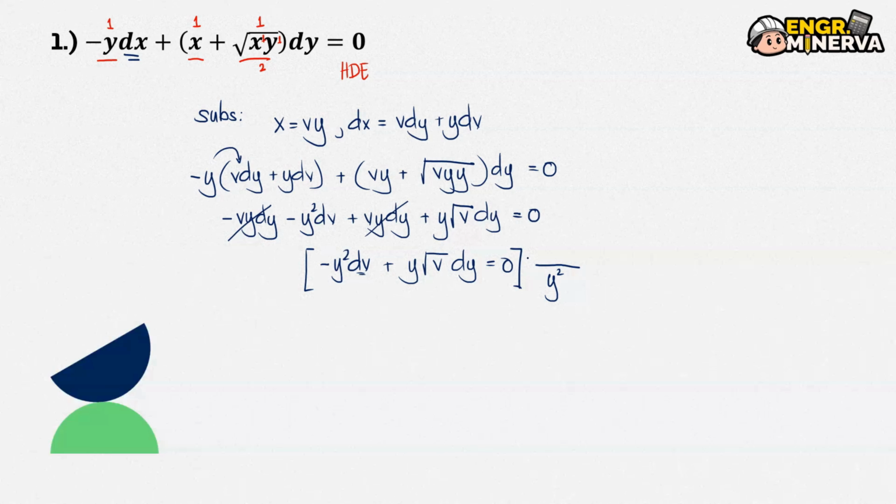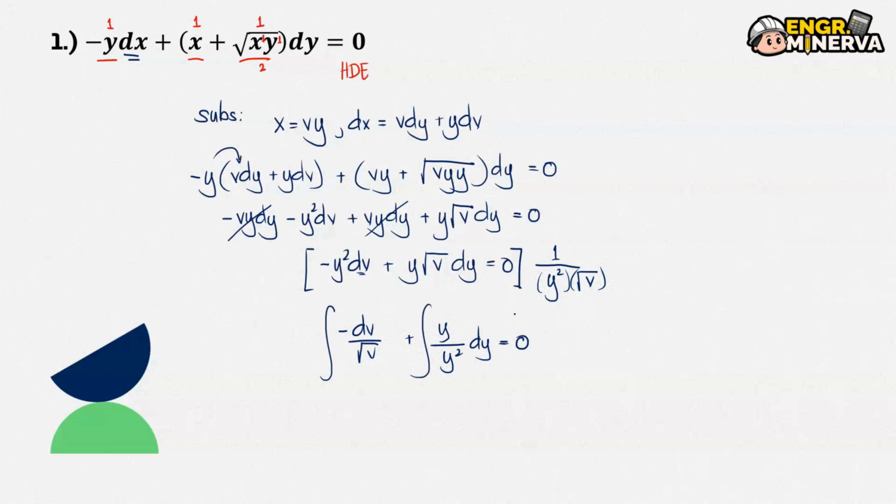If you divide by the positive y squared, you must also divide the whole equation. Then we have the differential of y, so we need only y as the variable in the coefficient, so we also divide by square root of v. Our resulting equation is negative dv over square root of v plus y over y squared dy equals 0.